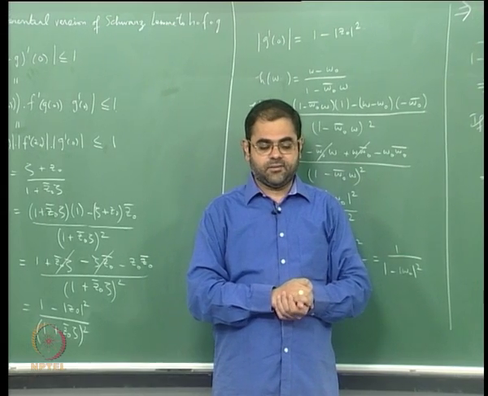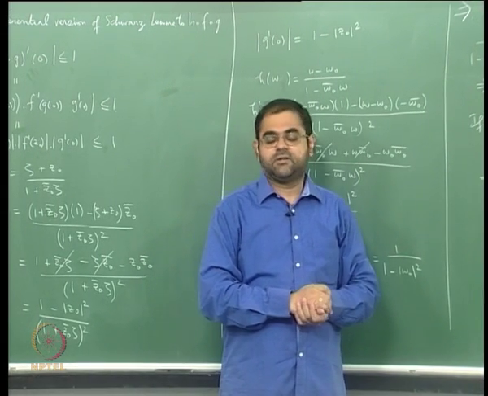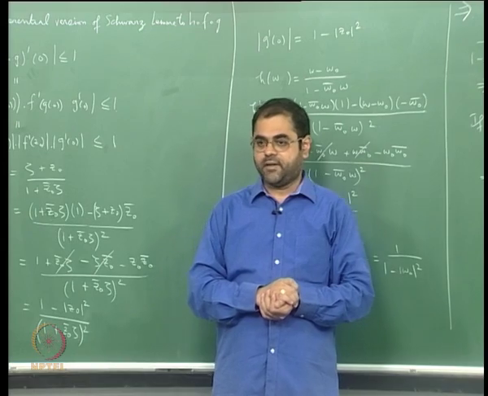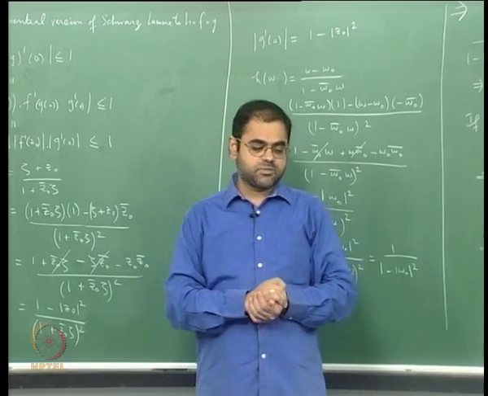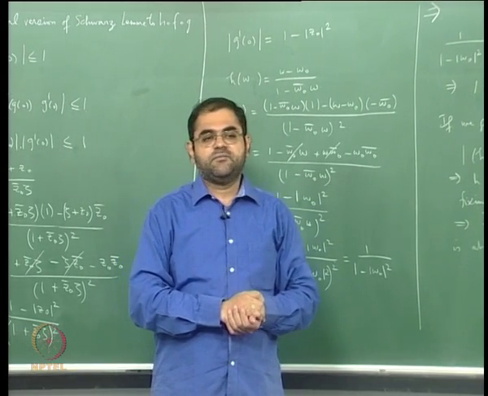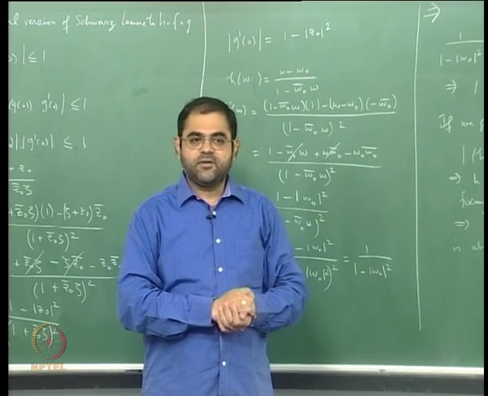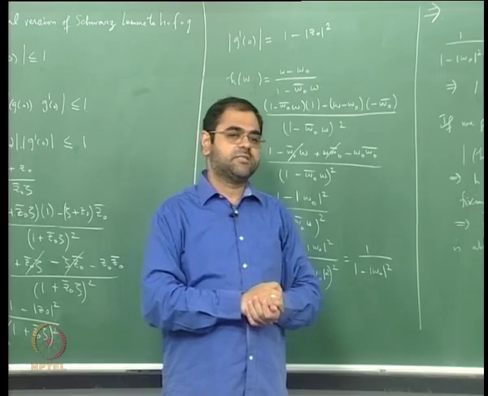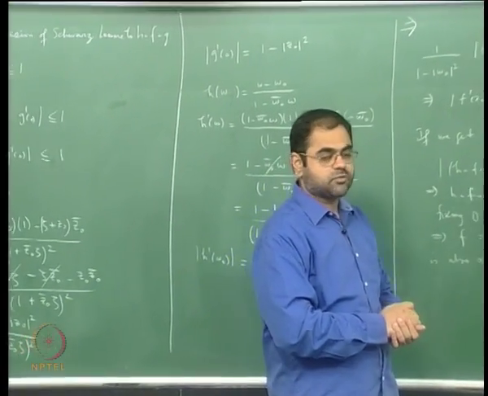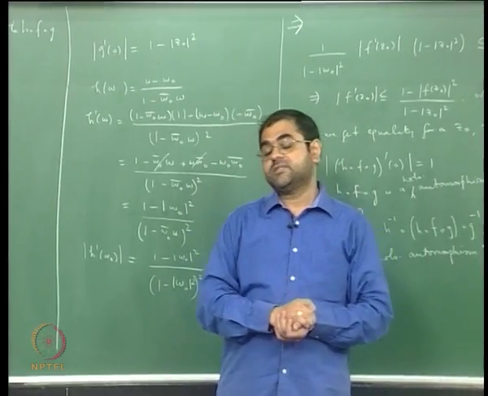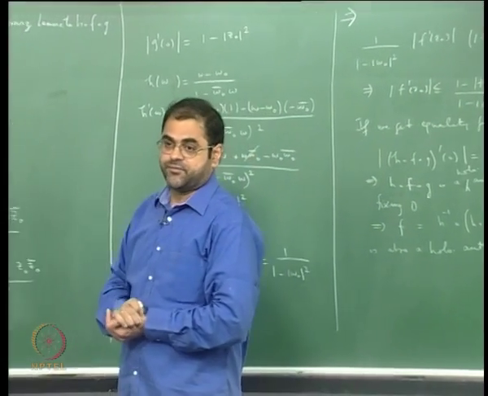Let me again remind you what we did earlier. We are on our way to prove the Riemann mapping theorem, where we are supposed to start with a simply connected domain which is not the whole complex plane, and map it holomorphically isomorphically onto the unit disk. The first step that we achieved was to map it holomorphically isomorphically onto a subdomain of the unit disk.